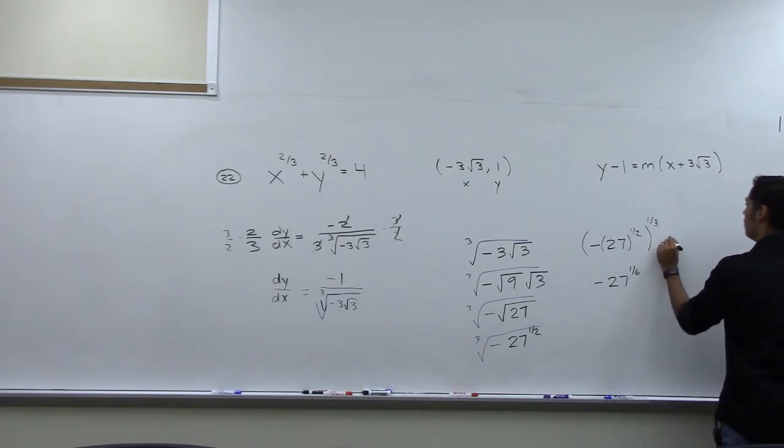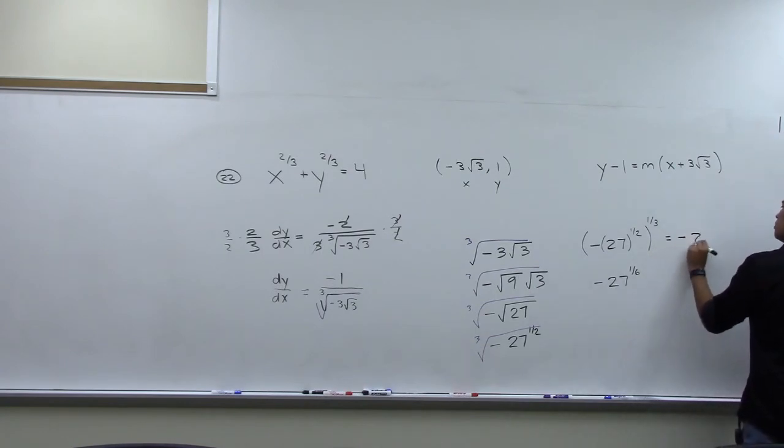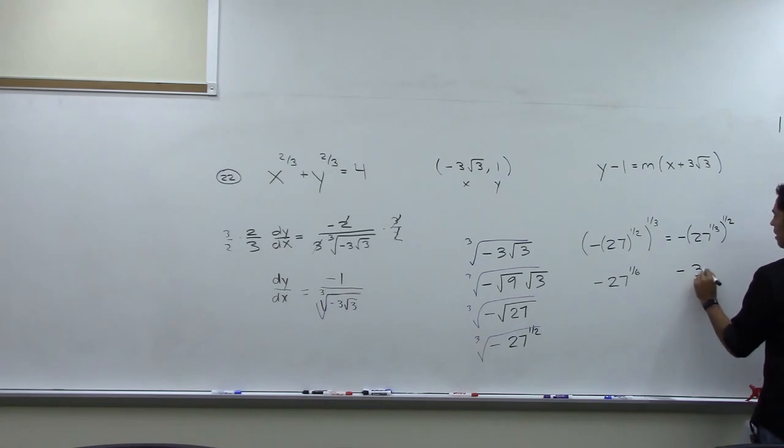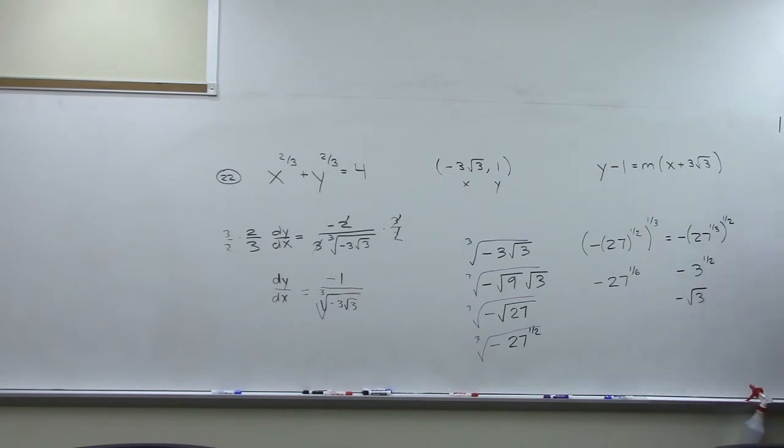Another thing you could do is rewrite this as negative 27 to the 1/3 to the 1/2, switching the order. It doesn't matter which order. This means cube root of 27, which is 3. So this is negative 3 to the 1/2, and that's just negative square root of 3. I like that a lot. Let's go with that one.